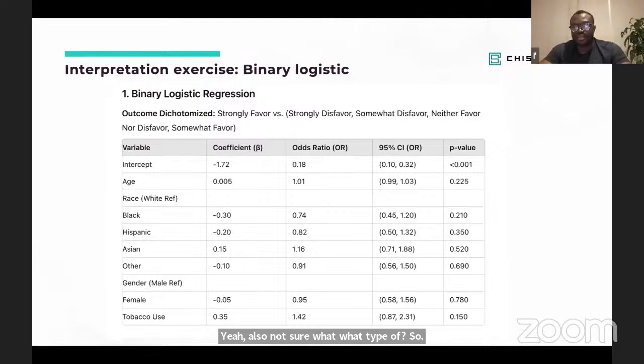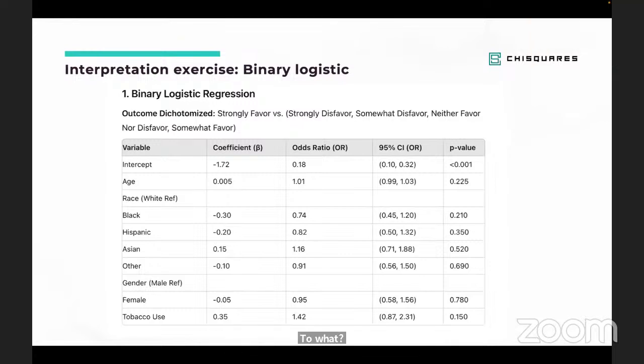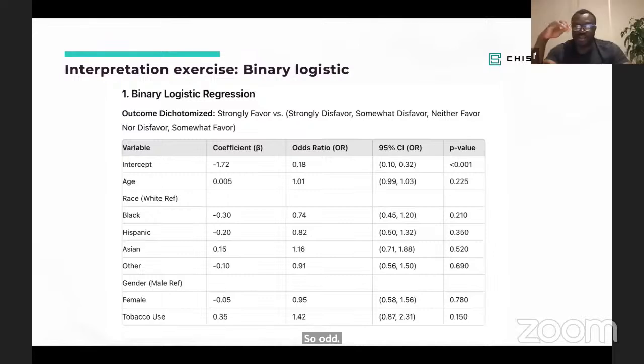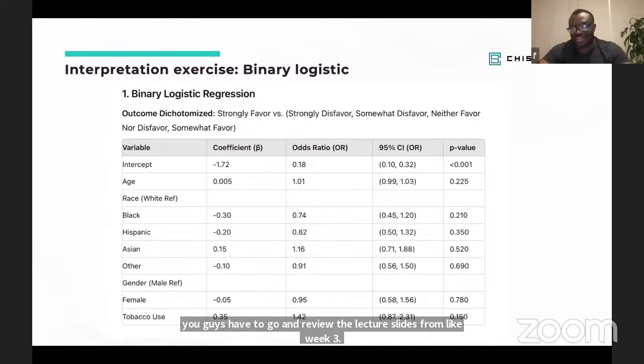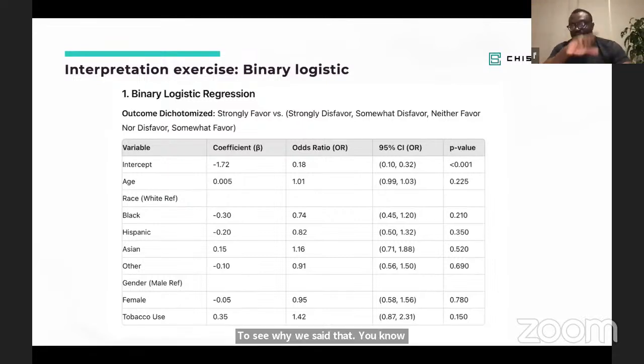Okay, thanks. Now, mathematically, an odds is a ratio of what to what? To probability. Of two variables, numerator and denominator. Okay, so you will have to go and review the lecture slides from week 3 to see why, because in those slides we talked about the derivation of an odds and the odds ratios.